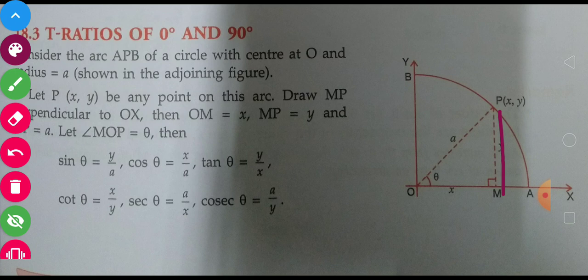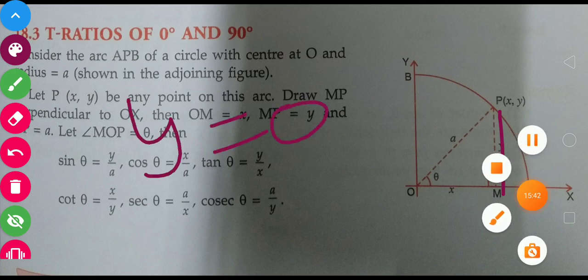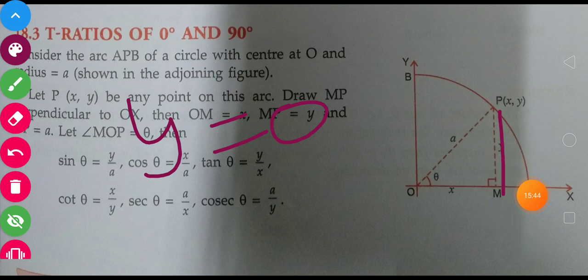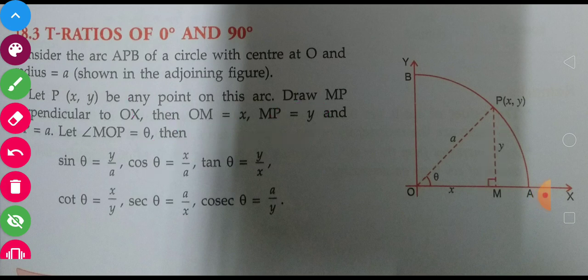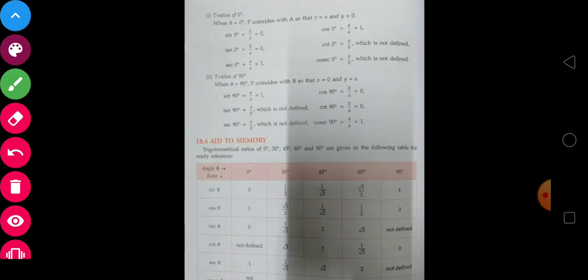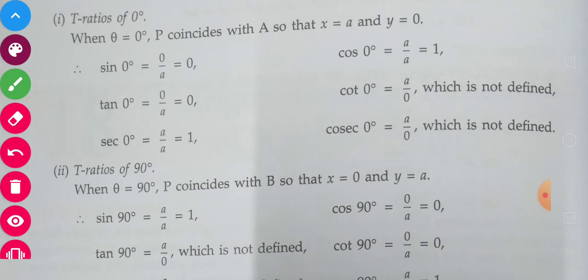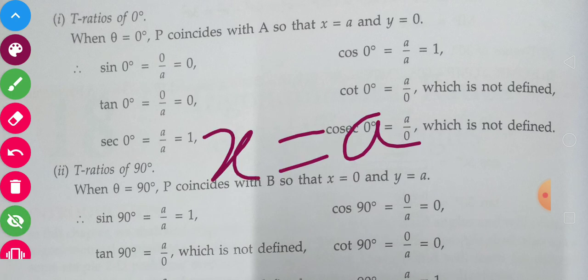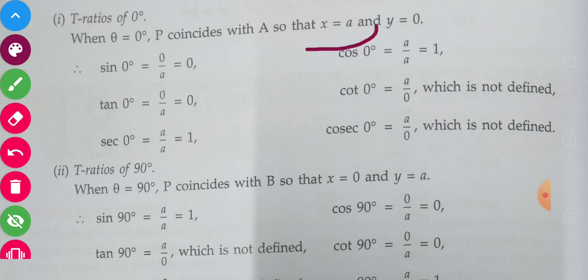Therefore, if y is 0, this will come down and coincide with x. In that case, x is equal to A. So what happens to all the ratios? We are going to substitute y equal to 0 and x equal to A.